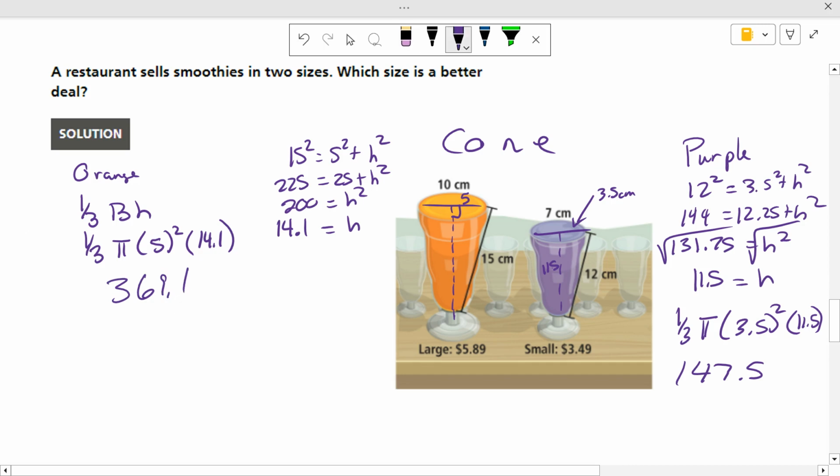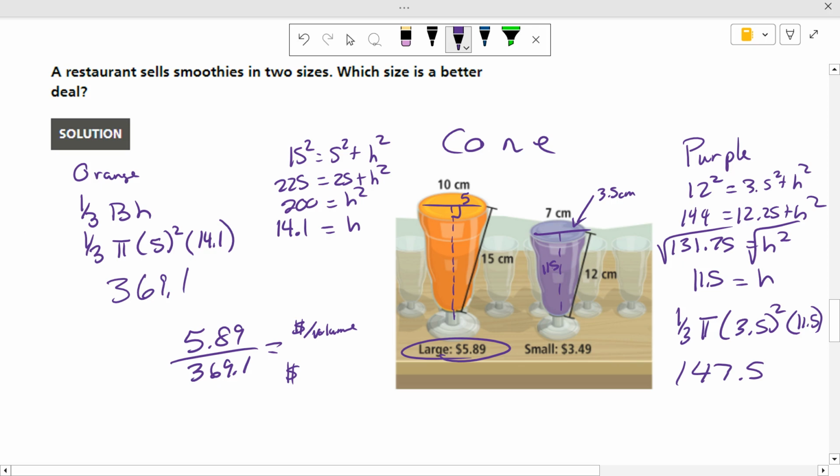369.1. So what you have to do now to find the price per volume is you have to take the price, $5.89, divided by the volume, 369.1. So you get the price per volume. And it's going to be a really, really small number.